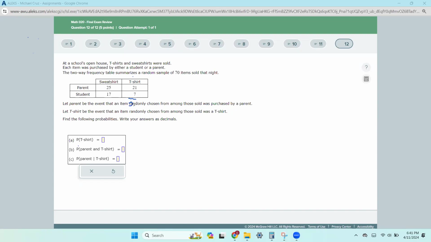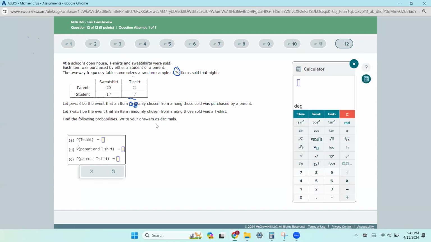So 28 divided by 70. So 28, and then we've got 70 total. So the probability of a t-shirt is 28 divided by 70. And the good thing about all these problems, in this one, they come out nice and even. You don't have to worry about rounding.